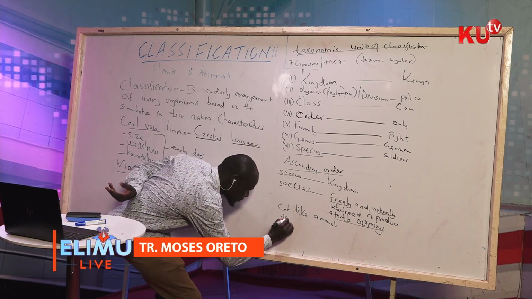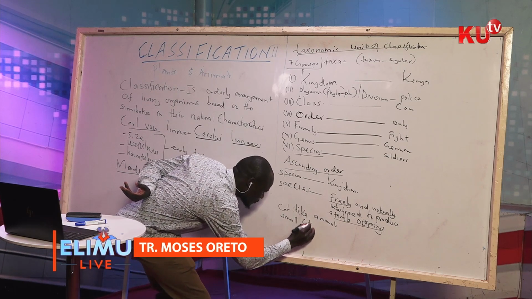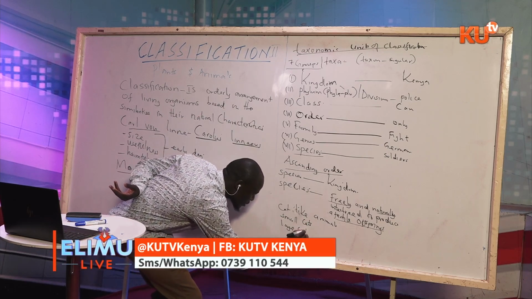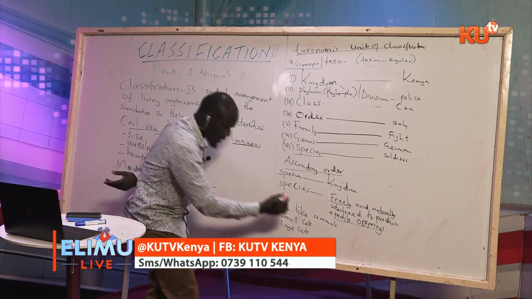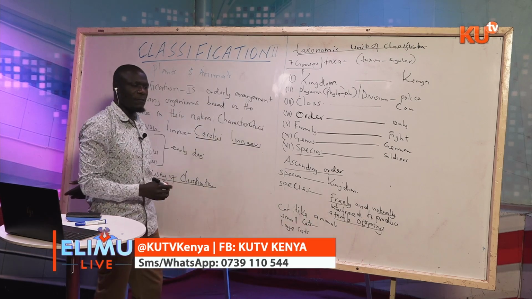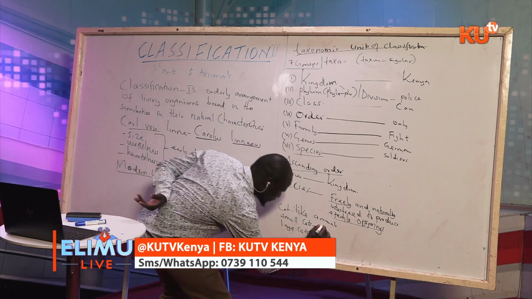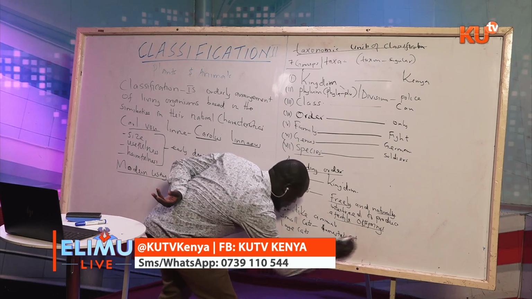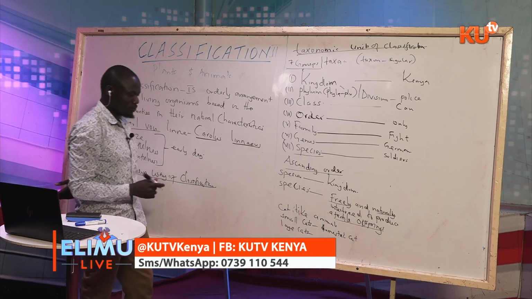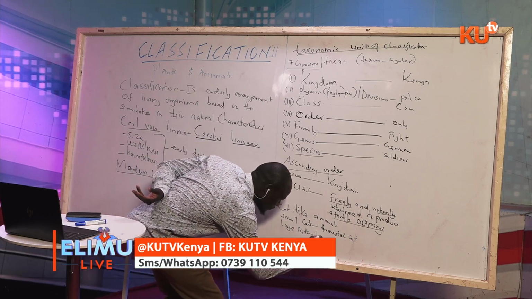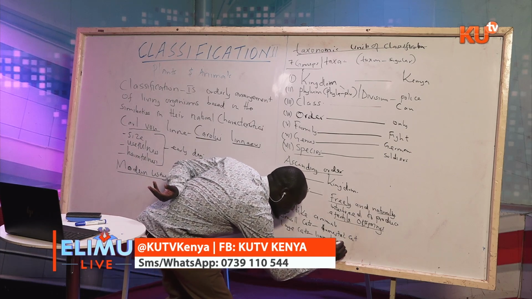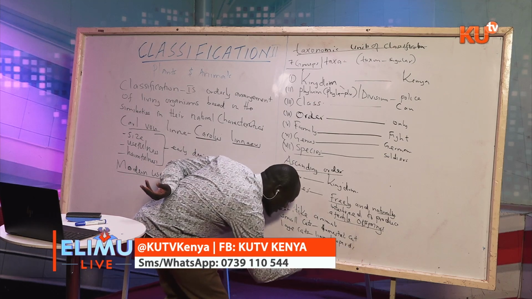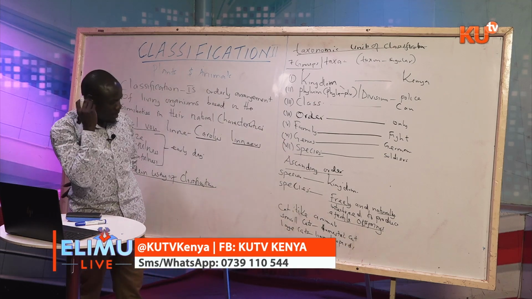An example of small cats is the domestic cat. The large cats include the lion, leopard, tiger, and the rest, because I'm not able to list all of them.